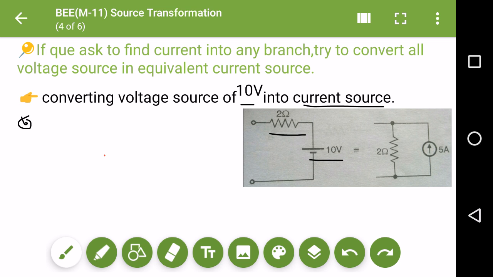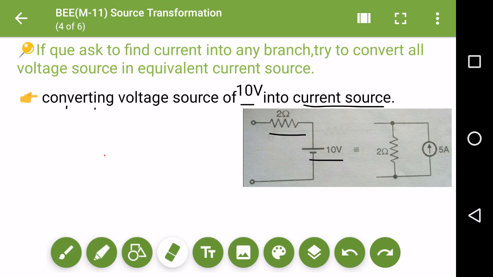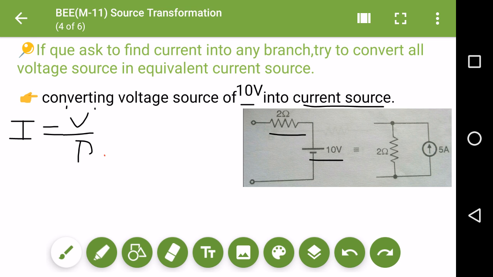From Ohm's law, we do not need to write Ohm's law every time. Just by using Ohm's law, that is I equals V upon R.